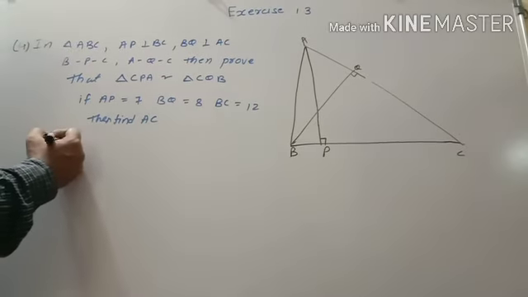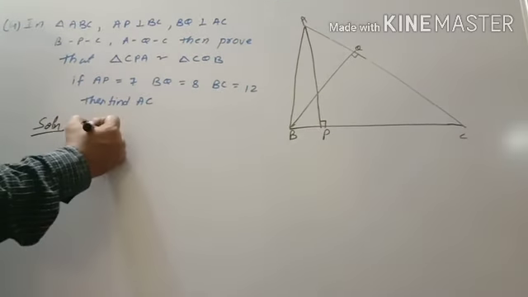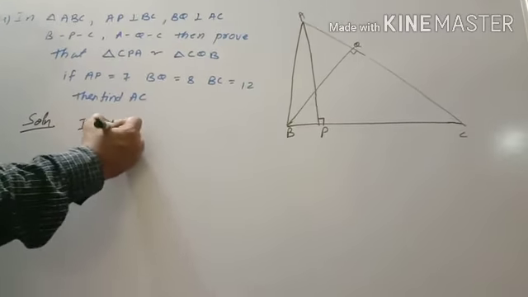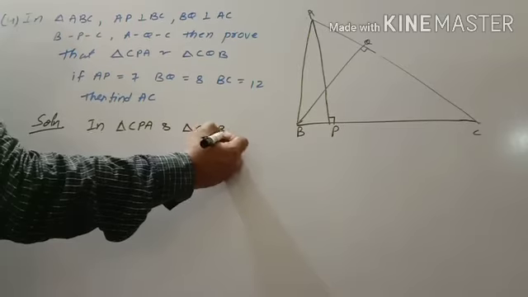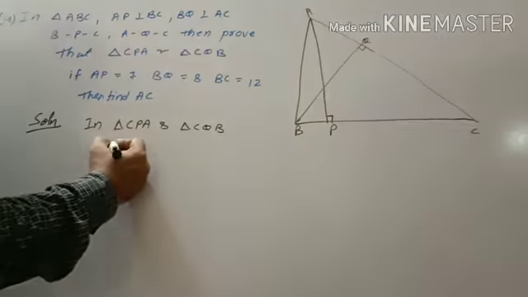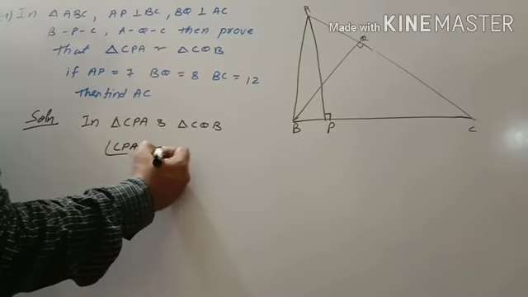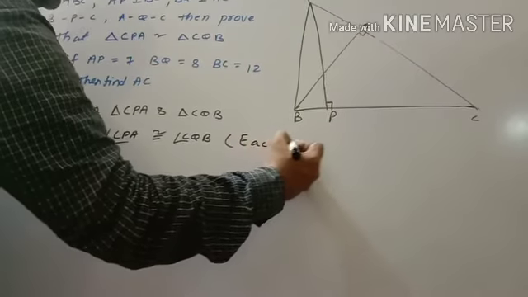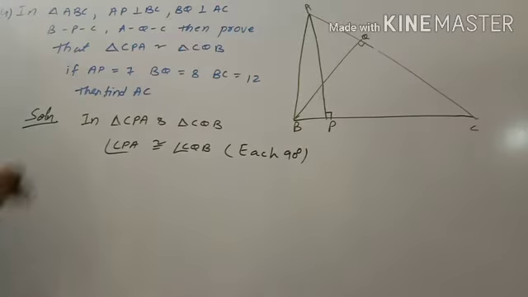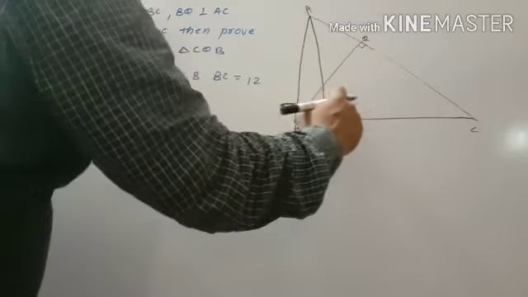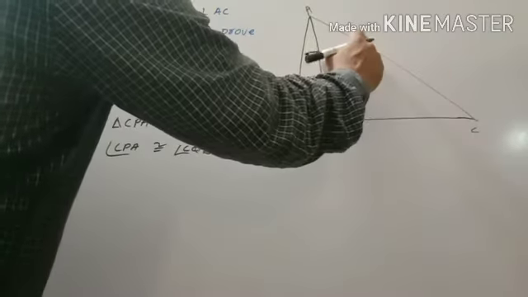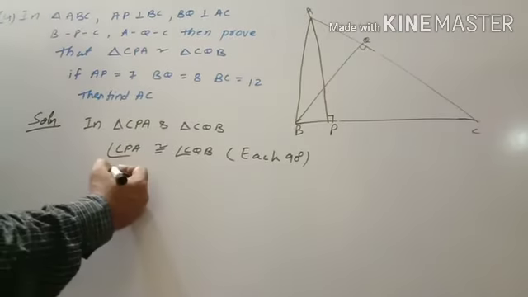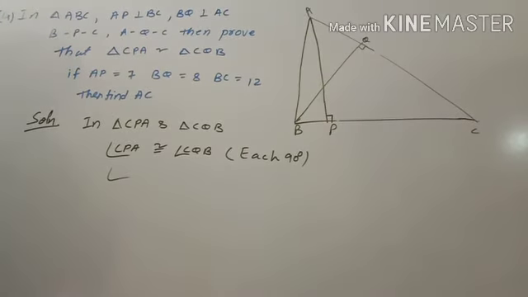So first we take triangle CPA and triangle CQB. First, angle CPA congruent angle CQB. What's the reason? Each 90 degrees, because AP perpendicular BC, this is 90 degrees, BQ perpendicular AC, this is 90 degrees. After that, what's the second angle we can prove?